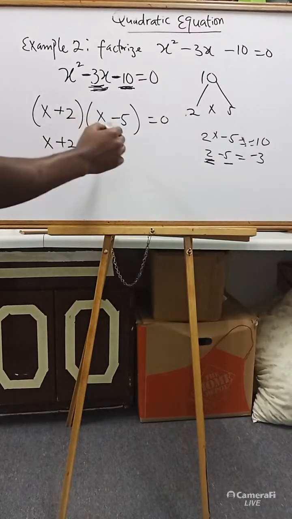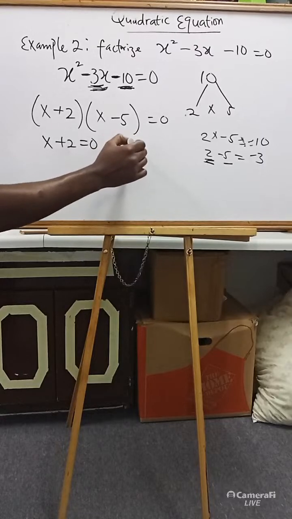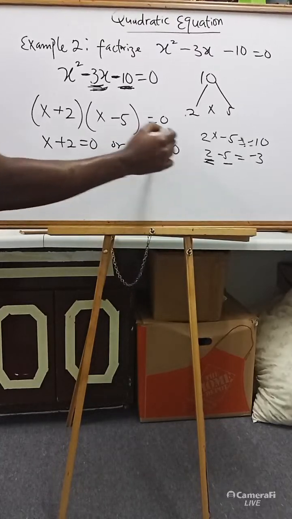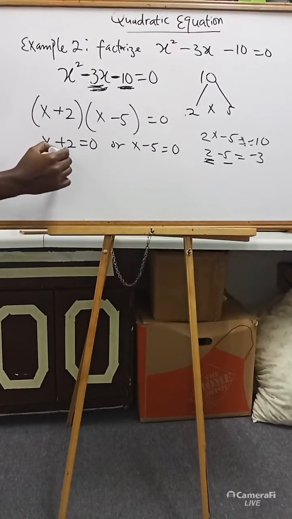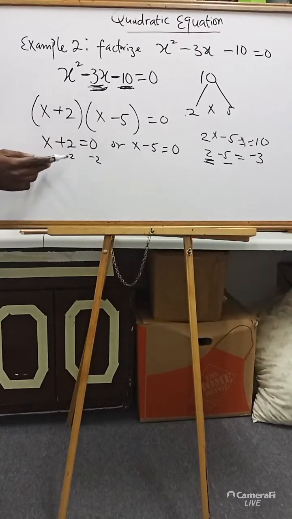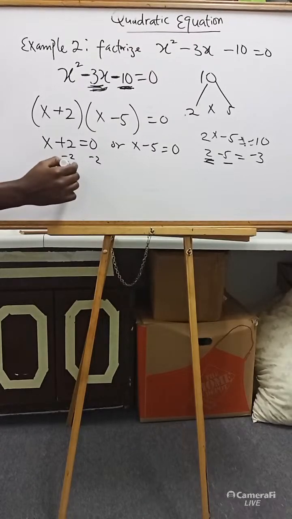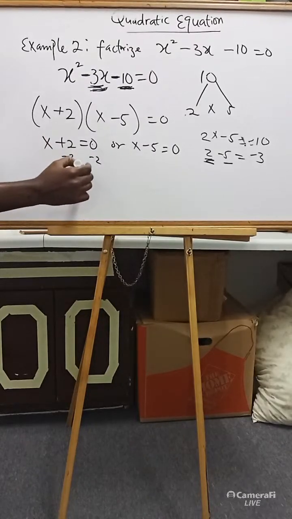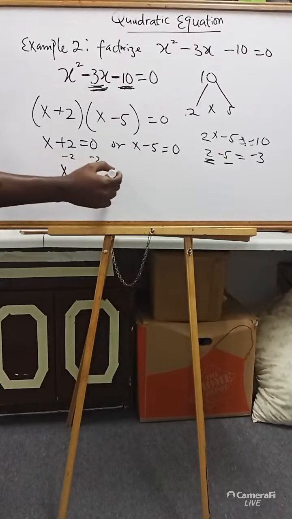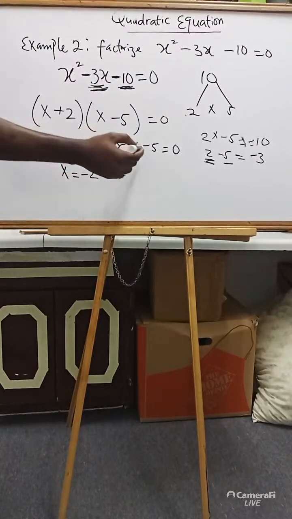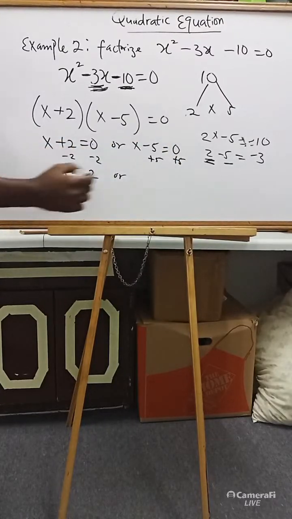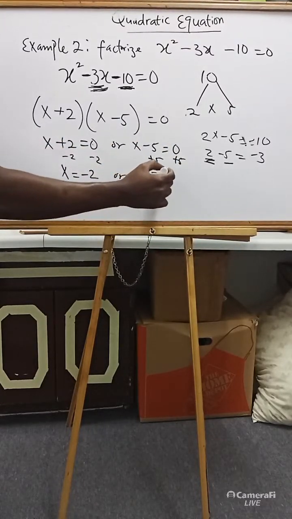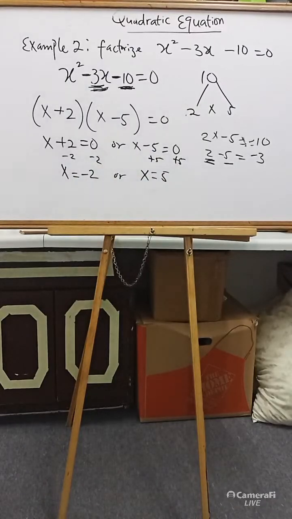Okay? Or your x minus 5 equals 0. So for you to get your x minus 2 so that this can cancel out, your x is what? 0 minus 2 gives negative 2. Or for you to do this, add 5 to both sides. So here your x equals what? 5. So we have negative 2 or 5.